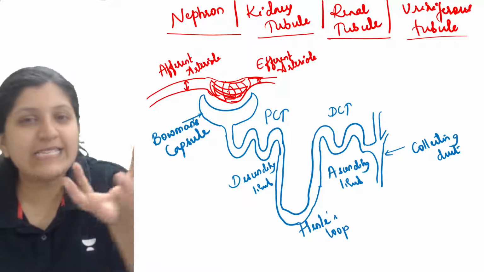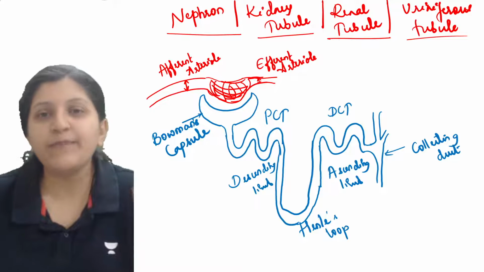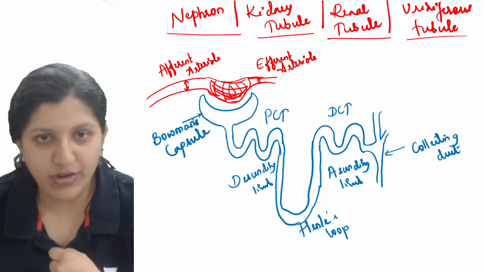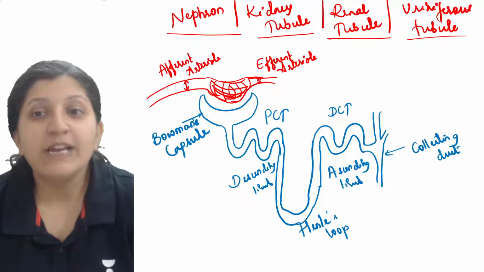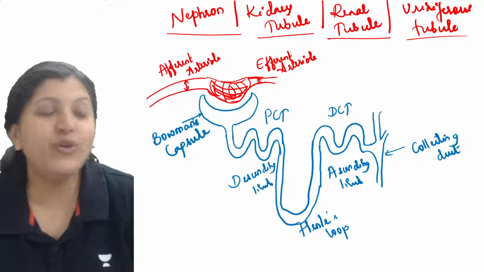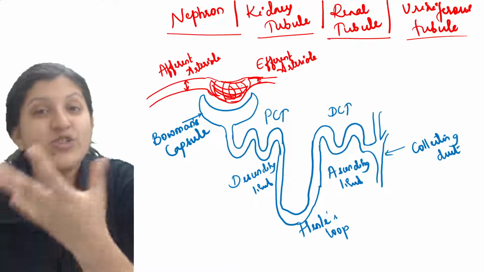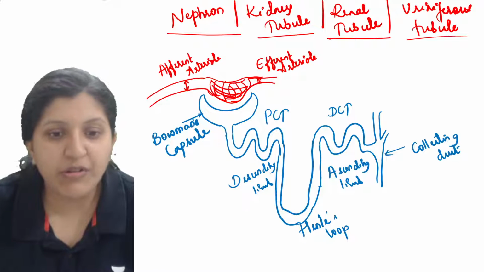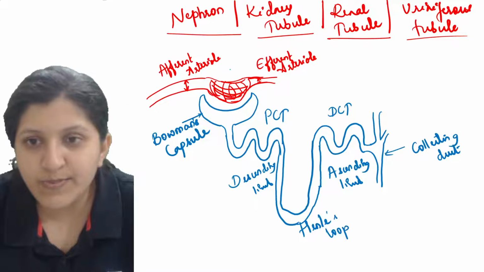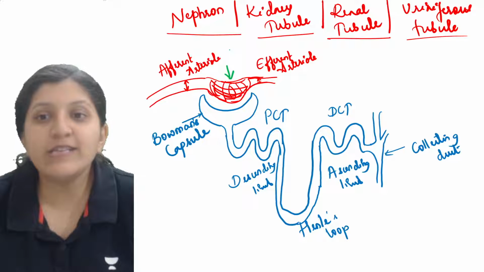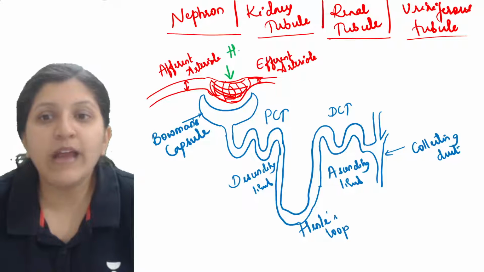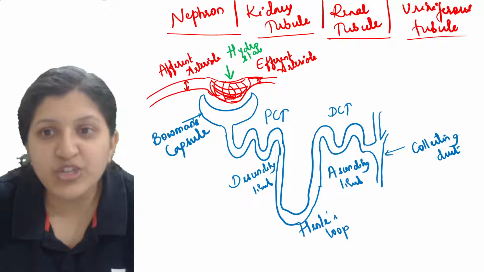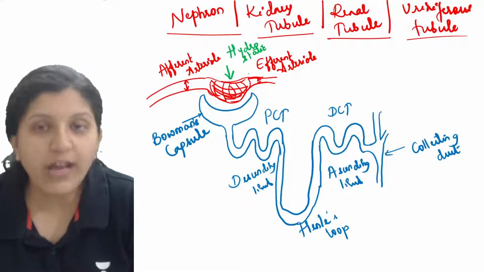Since there is very little space, we know that volume is inversely proportional to the pressure, right? So since the volume for the flow of blood is very less here, a higher pressure is generated. This pressure generated at this particular region is a higher hydrostatic pressure. That hydrostatic pressure itself is filtering out the blood.